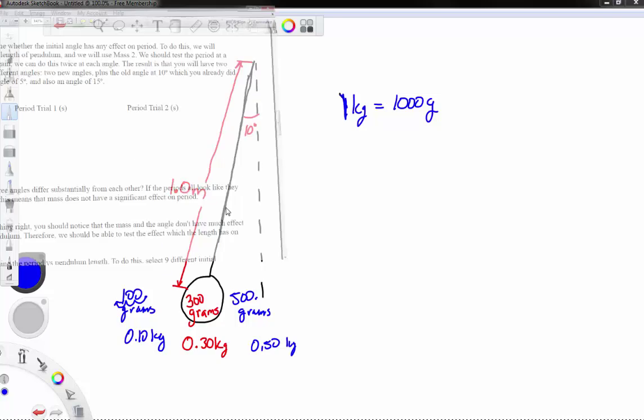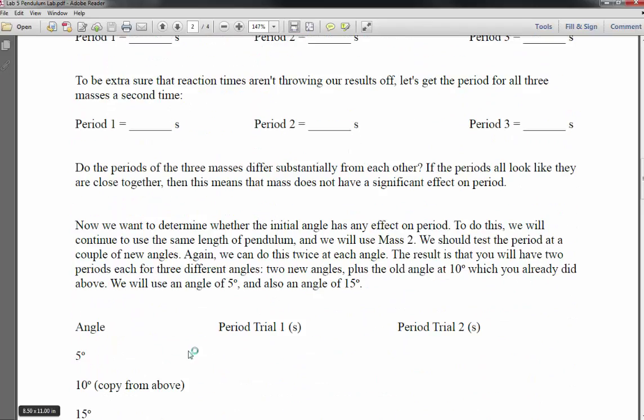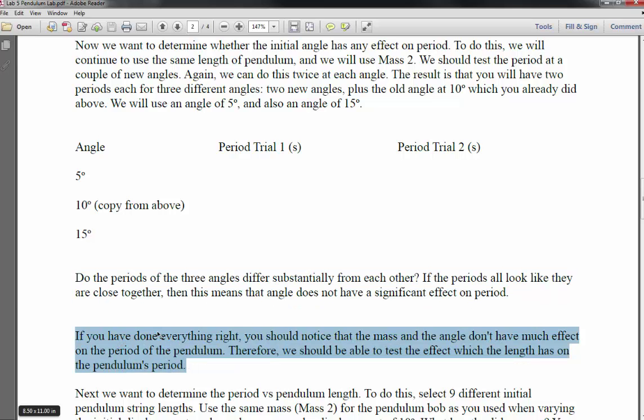Okay, so now you have finished checking the effect of the mass, checking the effect of the angle. If you've done everything right to this point, what you will notice is that not only does the mass not have much of an effect, but the angle does not have much of an effect either. In fact, here it says that explicitly in your directions.